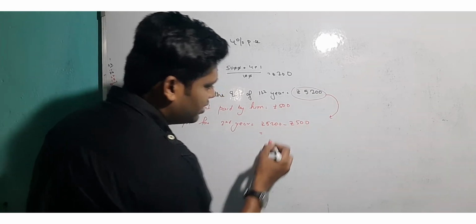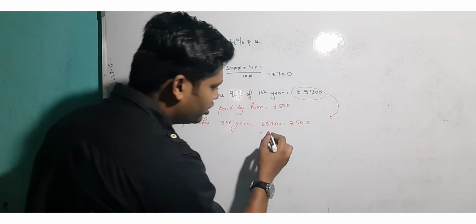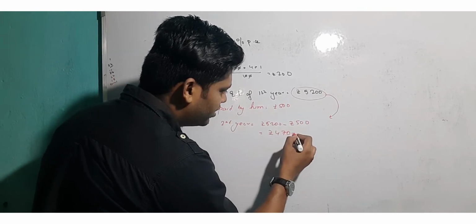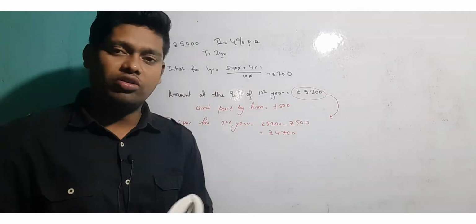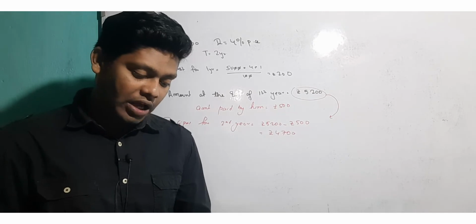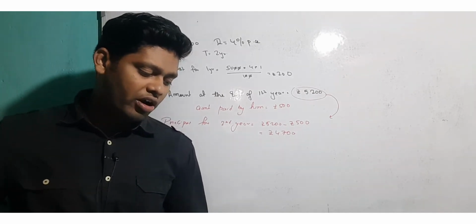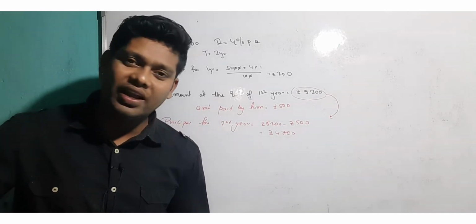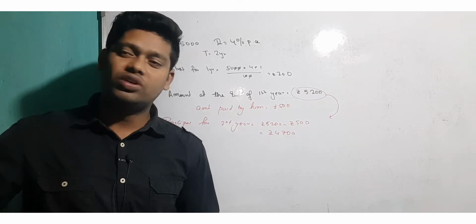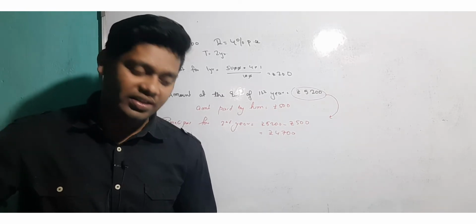Clear? Now it will be rupees 4700. Why have I written this? You understood or not? If he has not paid any amount, then 5200 will be our principal for next year. But he has paid 500. So it's not 5200, it is 4700.